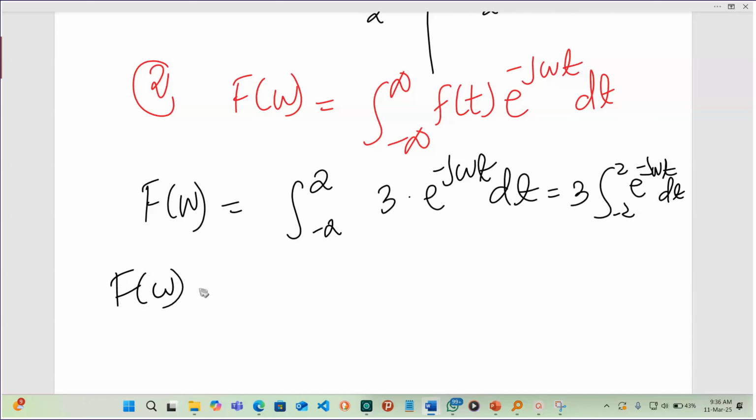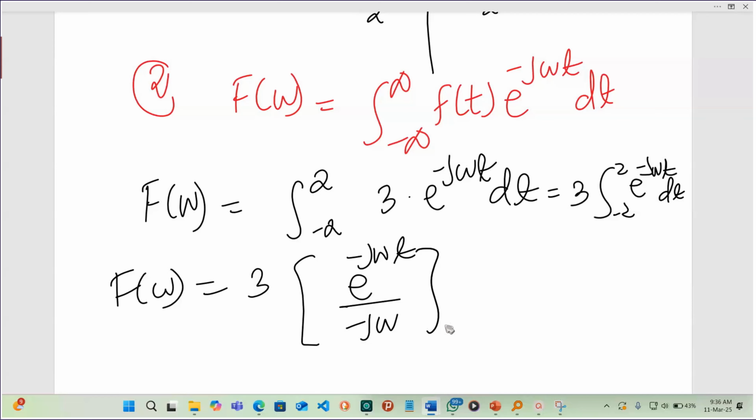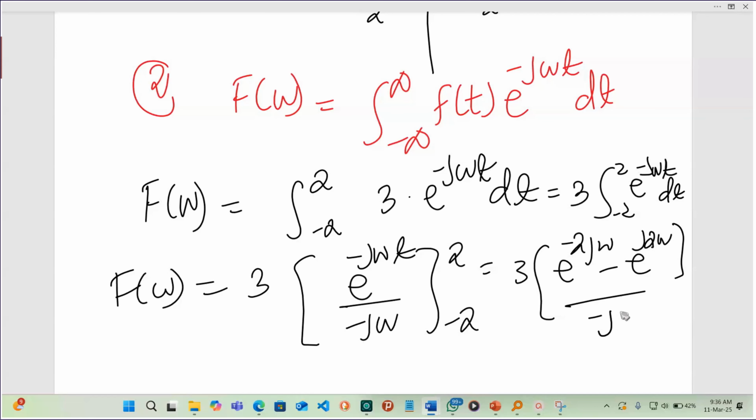So our Fourier transform becomes, if we integrate that, remember you'll have exponential of negative j omega t over negative j omega, evaluated from -2 to 2. So this gives us 3 times exponential of -2j omega minus exponential of +2j omega, divided by negative j omega.